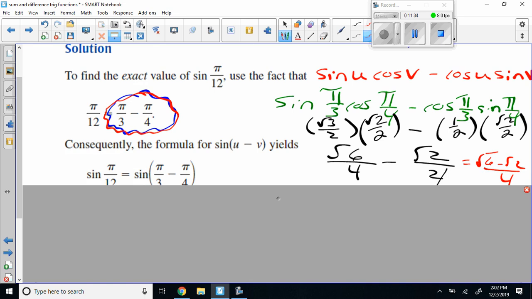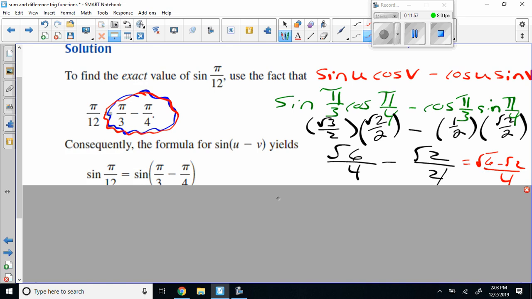So that's powerful when now you're not just looking at 30 and 90. Now you look at combinations of those, right? So that's what this addition and sum allows you to do. It allows you to find values of something other than 30, 60, and 90 or 45s.